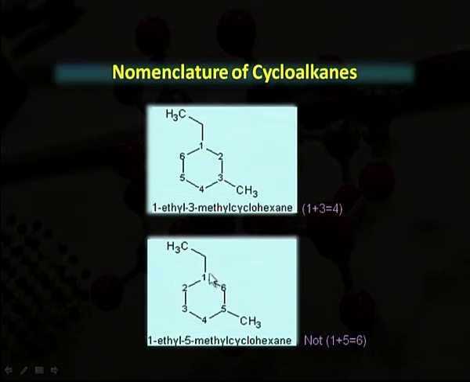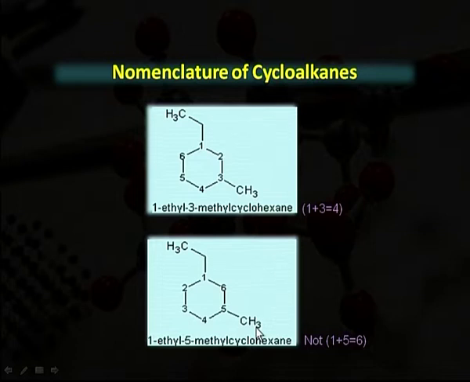If we compare the numbering of carbon atoms, we find that in this structure the first carbon has the ethyl group, the second, third and fourth carbons are empty, and the fifth carbon atom has the methyl group.